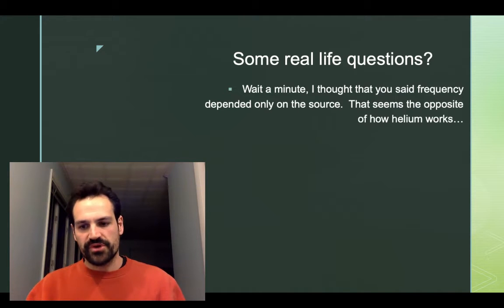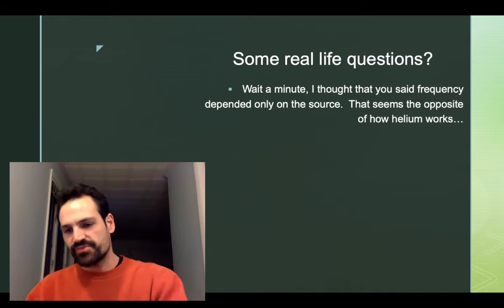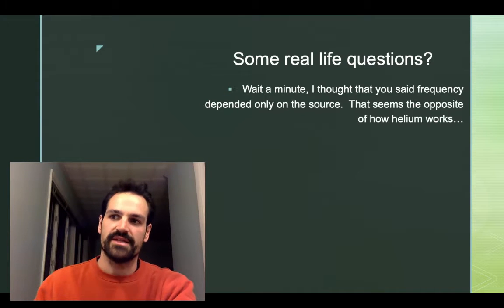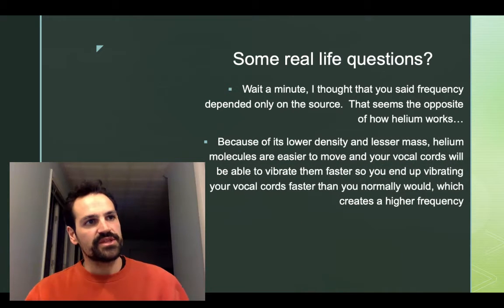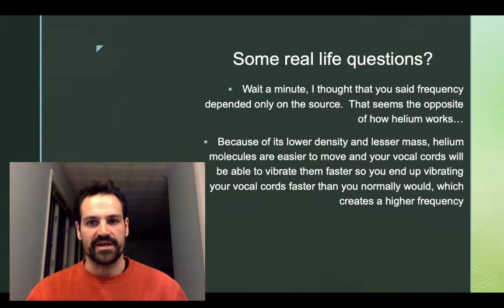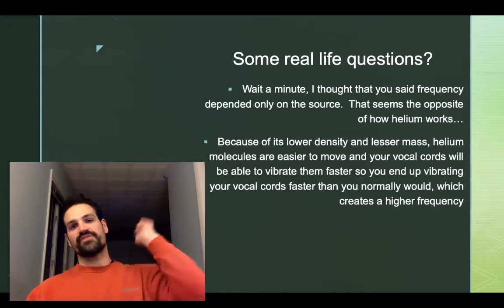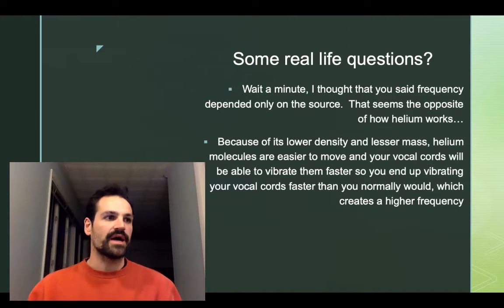And your vocal cords are the same. Your vocal cords will actually slow down or speed up based on how quickly they can move against the light, less dense helium. So it's not that they're changing the frequency of the wave in the air. They're changing how quickly your vocal cords can vibrate back and forth. So now your vocal cords are vibrating much more quickly, which creates a higher frequency.